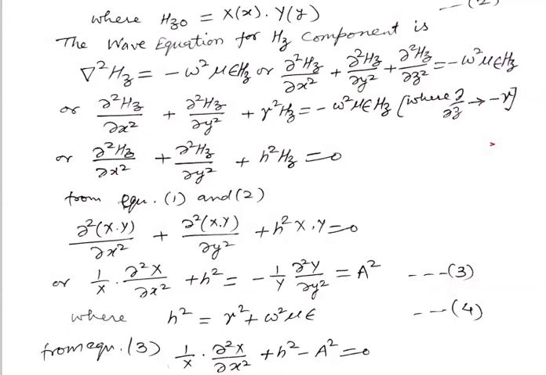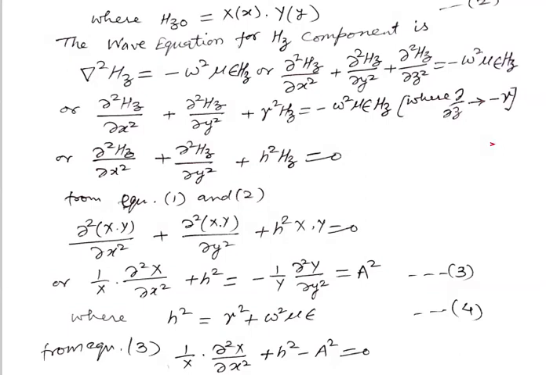and in this way, if we now substitute equation number 2 into this equation, and by utilizing the method of separation of variables, this equation will take the form 1 upon X del 2X upon del x square plus h square equal to minus 1 upon Y del 2Y upon del y square.